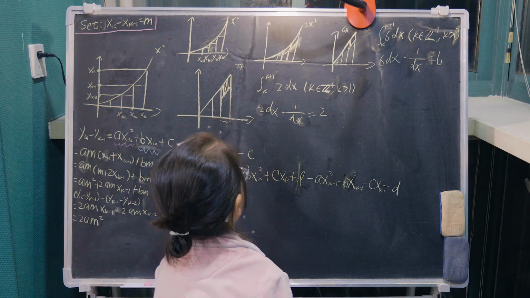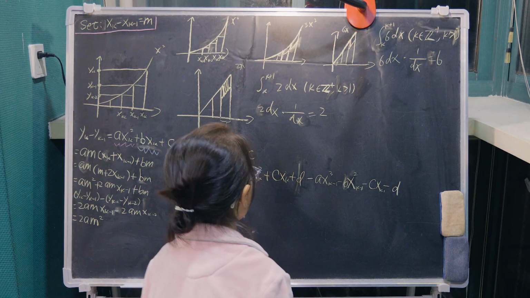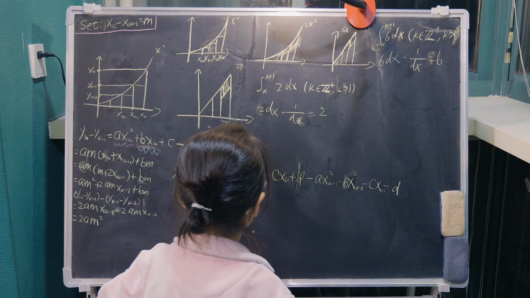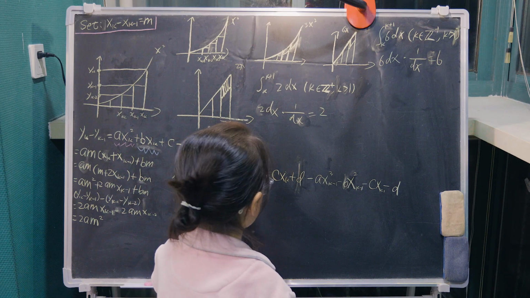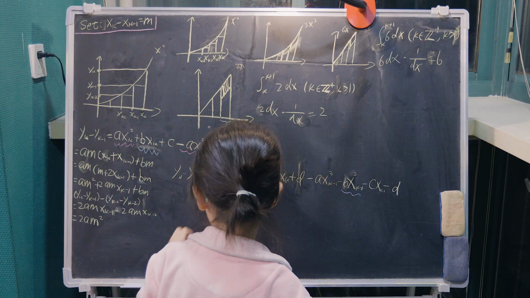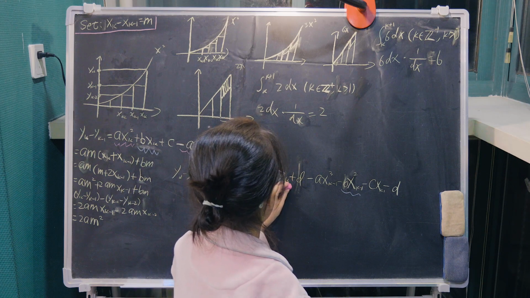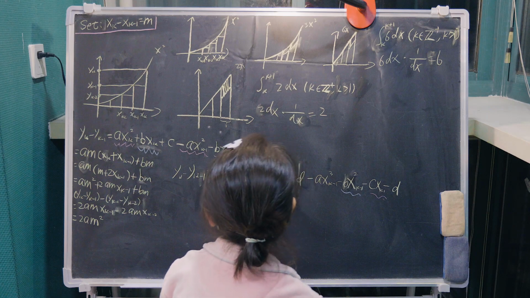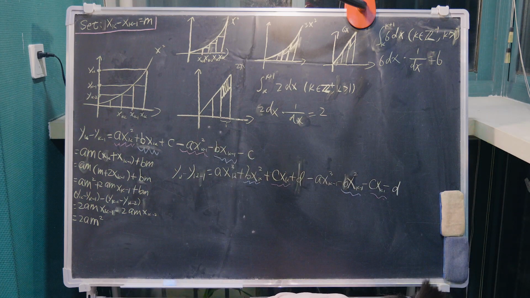So d is going to be canceled out, and we don't talk about this part, because we talked about this before, right, on the quadratic equation.